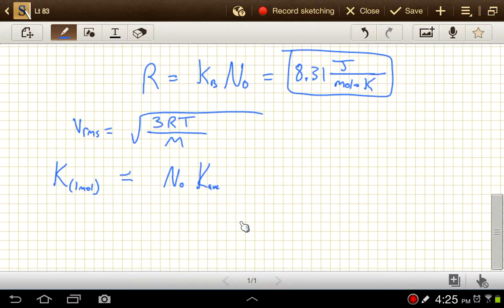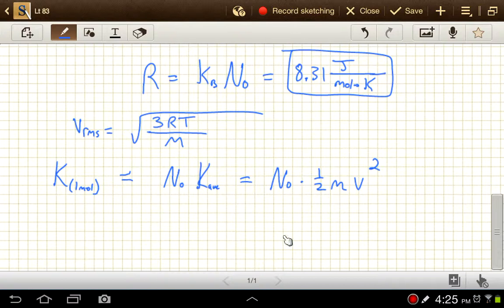So this is the same as N naught times 1/2 mv squared. We're just multiplying N naught by the equation for kinetic energy.